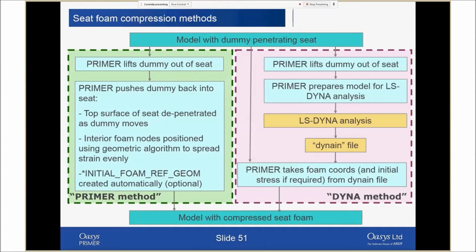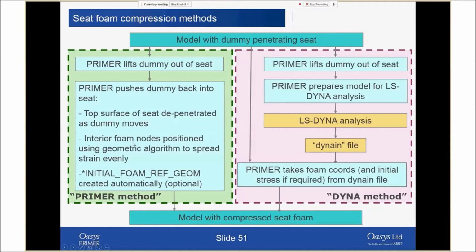So this is just a diagram showing the differences between the two methods. You start with the model with the dummy penetrating the seat. In the Primer method, Primer lifts the dummy out of the seat, then pushes it back down into the seat. The top surface of the seat is depenetrated from the dummy as the dummy moves down.